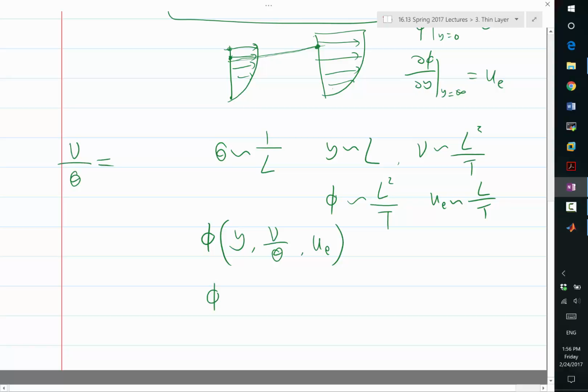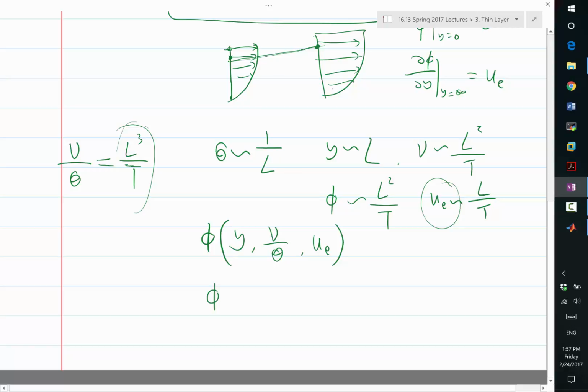Nu over theta is going to be this divided by 1 over L, so it's L cubed divided by T, right? So in order for me to non-dimensionalize phi, which is L squared over T, what do we need? So we have theta. I think we need a combination of this and this, right? To get rid of time.